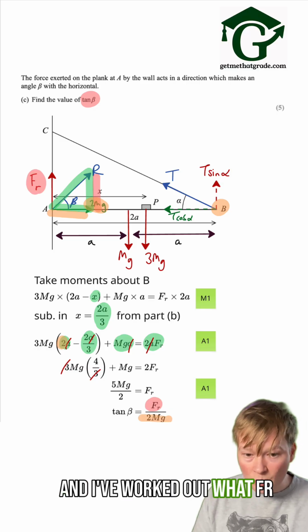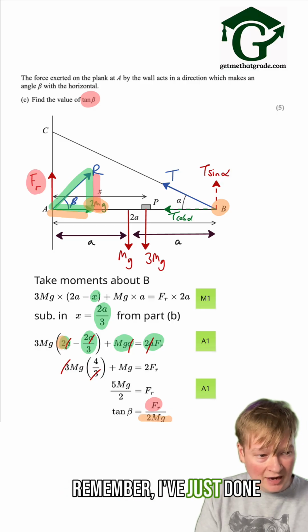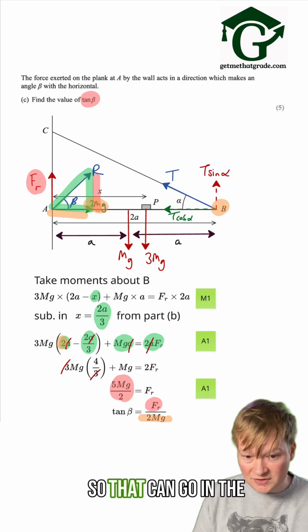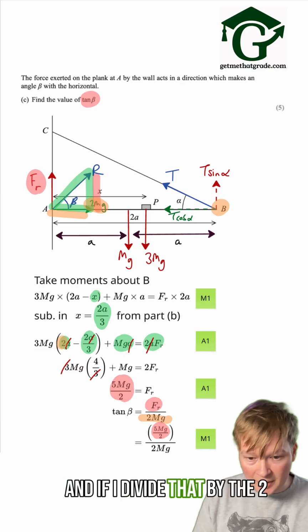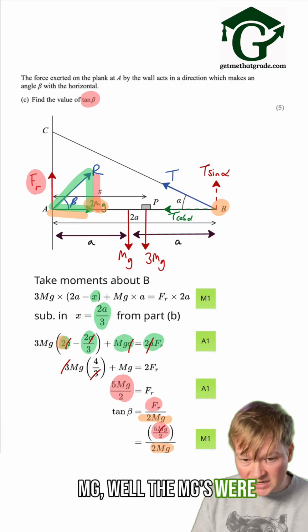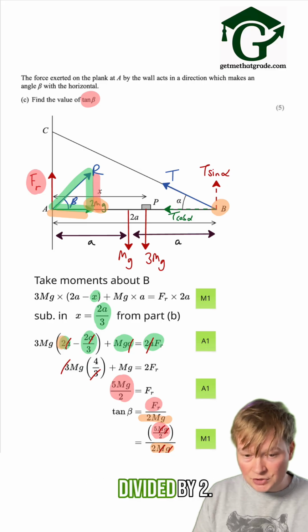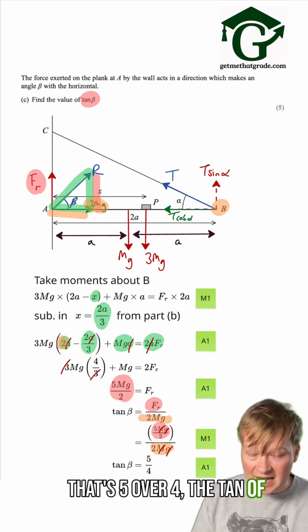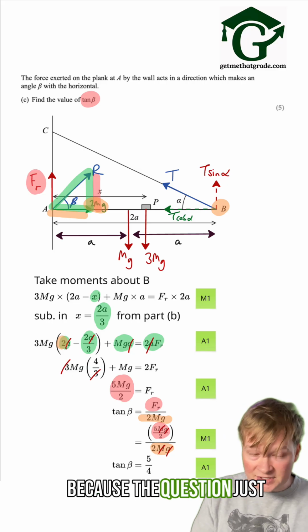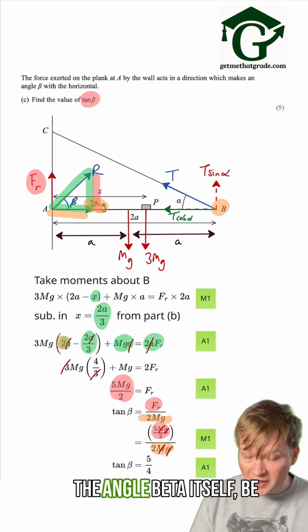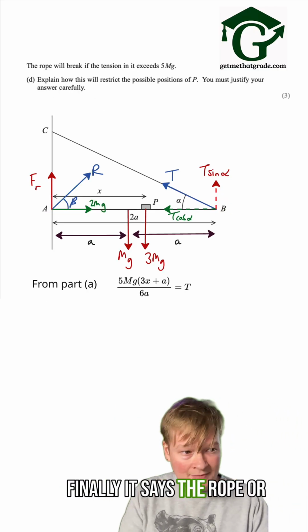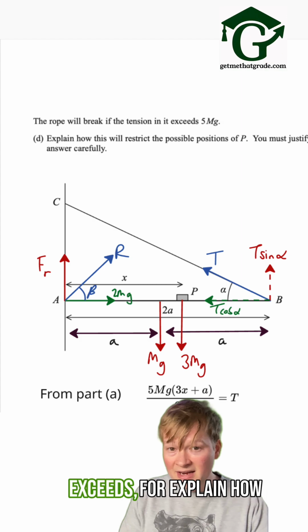And I've worked out what FR was. Remember, I've just done that. FR was 5 mg over 2, so that can go in the formula. And if I divide that by the 2 mg, well, the mg's will cancel out, and I'll have 5 over 2 divided by 2, that's 5 over 4 for tan of beta. Don't find out what beta is because the question just asks us for tan of beta, not the angle beta itself. Be careful.